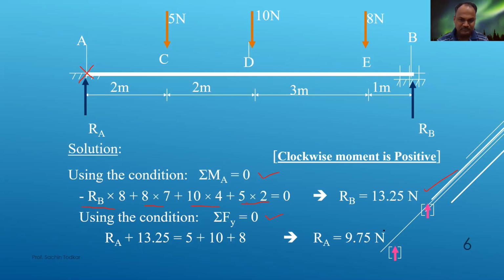This is the basic part of your SFD BMD diagrams, to calculate the reactions. So we have calculated reactions. One reaction came 9.75 Newton. All the units are in Newton, so your force will also be in Newton. RB is 13.25.